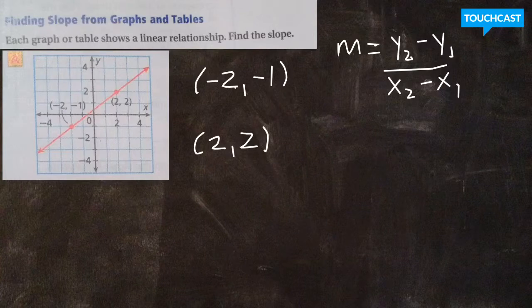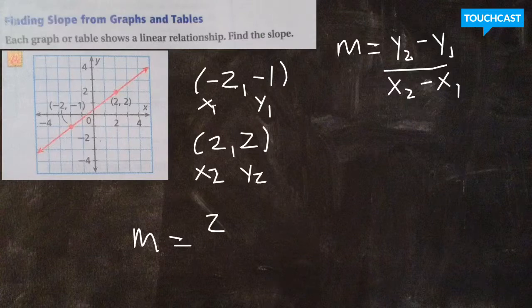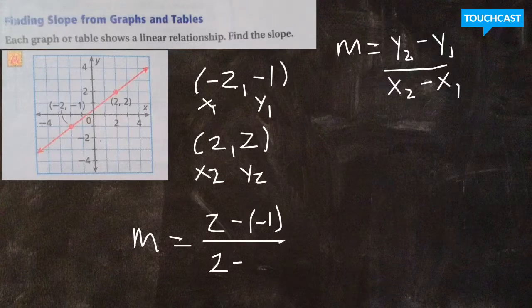So let's call -2, -1 our x1 and our y1. And then 2, 2 can be our x2, y2. So let's plug those into our formula. M is going to equal 2 take away negative 1 over 2 take away negative 2.